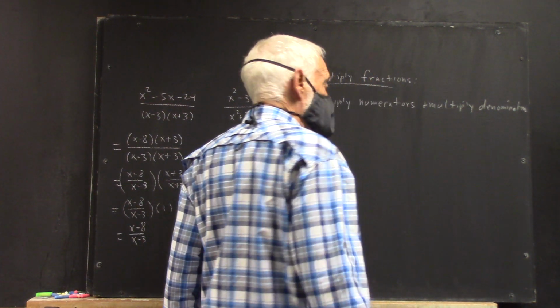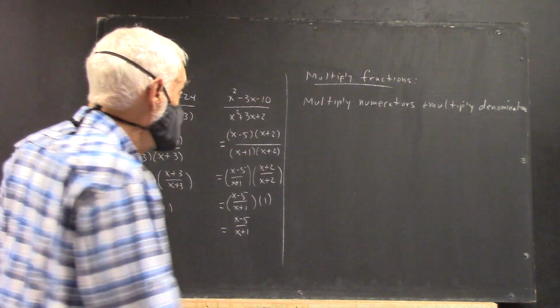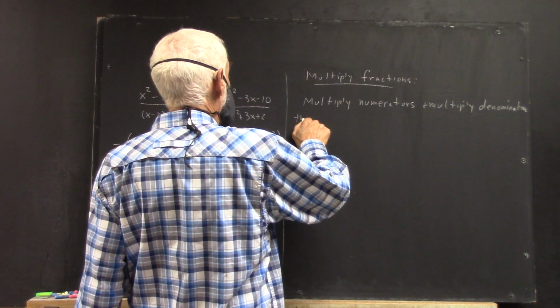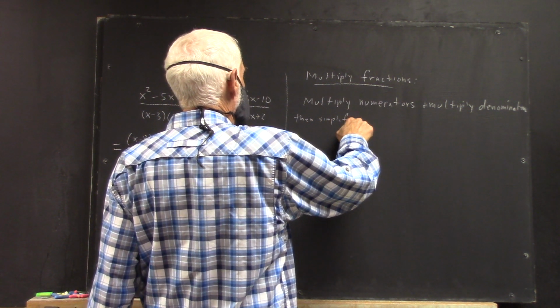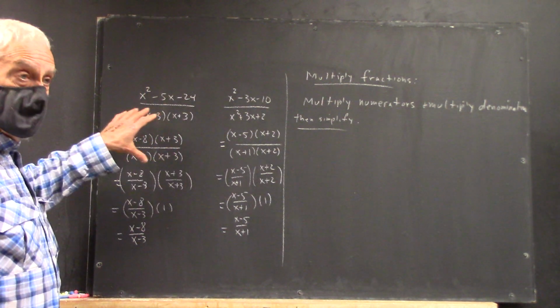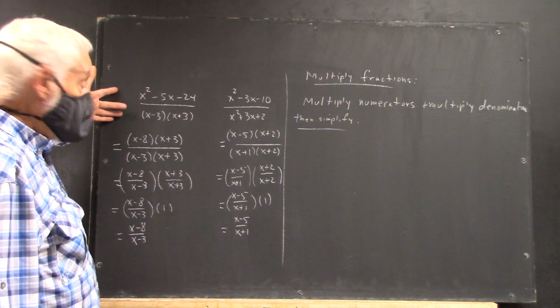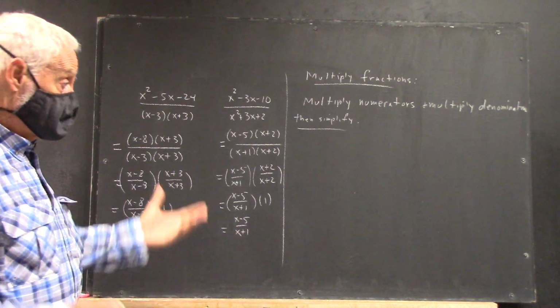Can't read the rest of that word, but you know what it says. Okay? Then simplify. Well, you know how to simplify, just the same way we do here. If you got this by multiplying two fractions, here's how it would simplify.